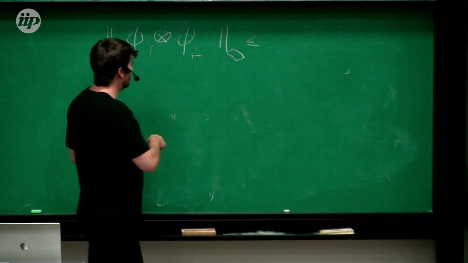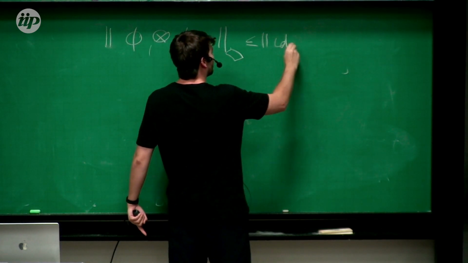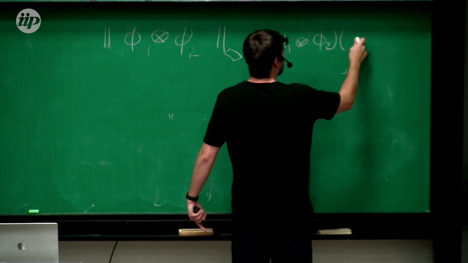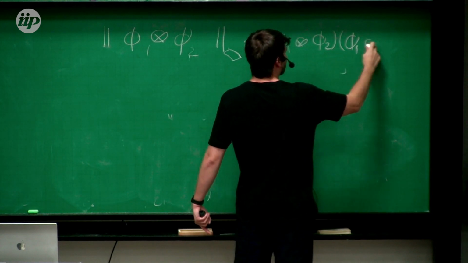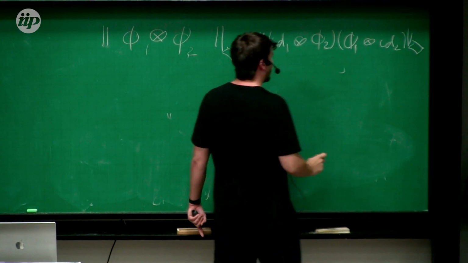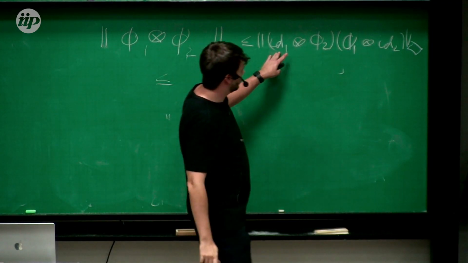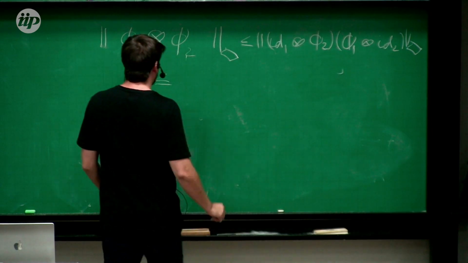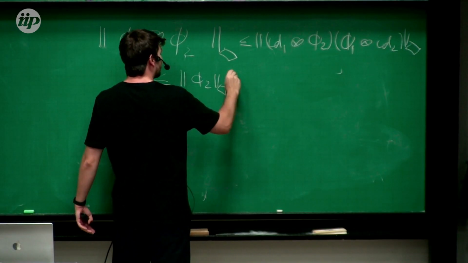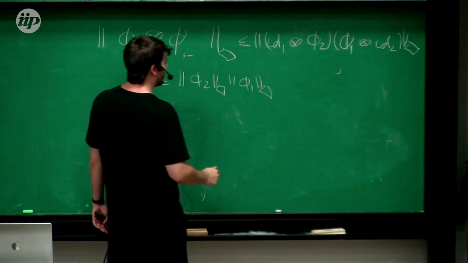You can write a channel phi1 tensor phi2 as identity on the first system tensor phi2 composed with this thing, and from this it easily follows, no matter what dimensions you have here, that this is smaller or equal than the diamond norm of the first one times the diamond norm of the second one.